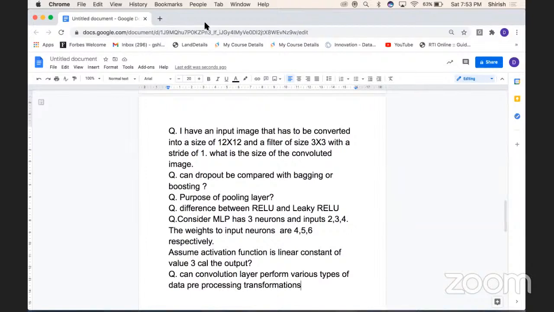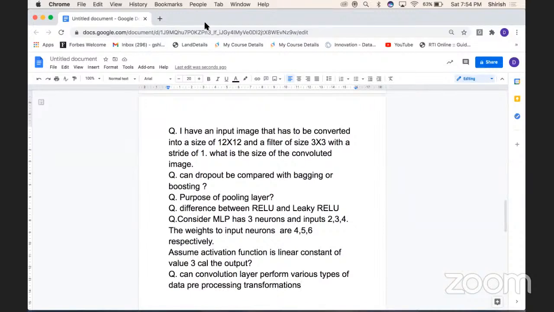Whatever scaling and rotations you are talking about are provided as input to the neural network, and we have to do that pre-processing before passing it as an input. That's the reason we are saying that it can't do these things on its own.